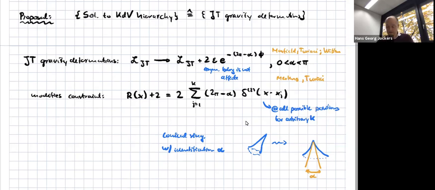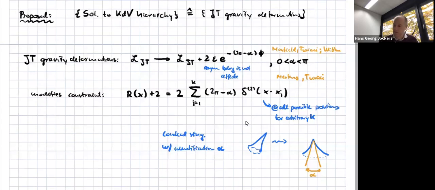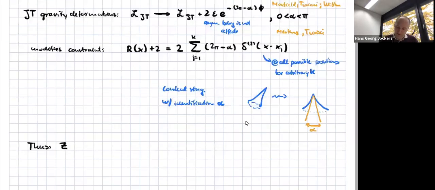Now, what is nice is that we can now again tackle this moduli problem, including these conical geometries. So that's what we want to compute, and this is what we discuss in detail in the paper. We want to compute this partition function, which depends on the coupling strengths epsilon and on alpha in JT.